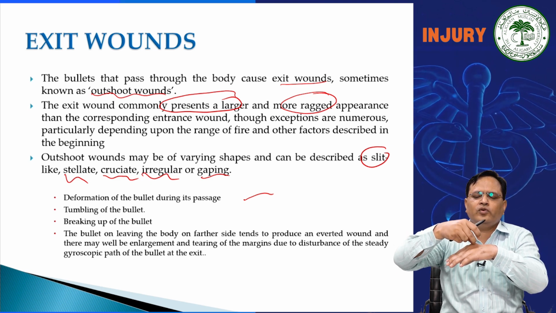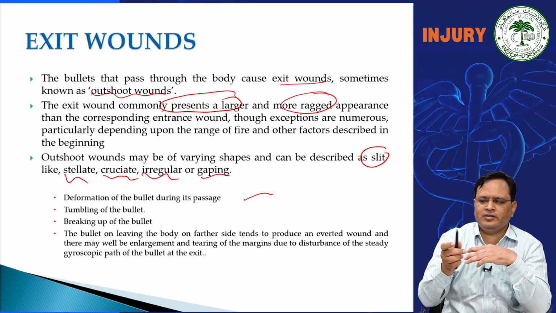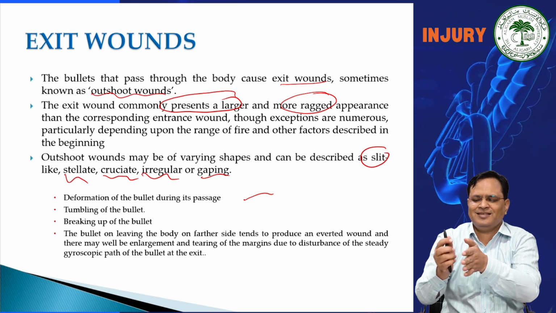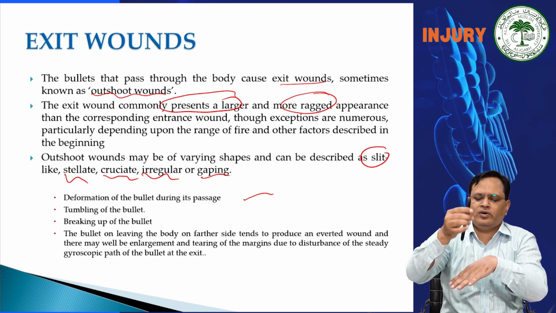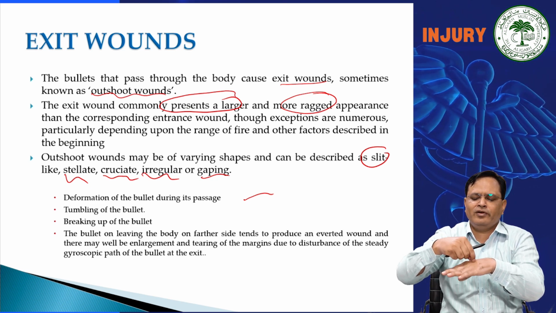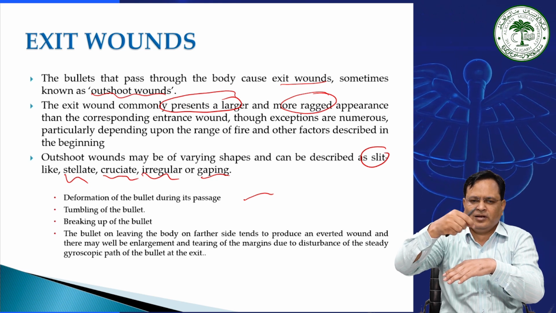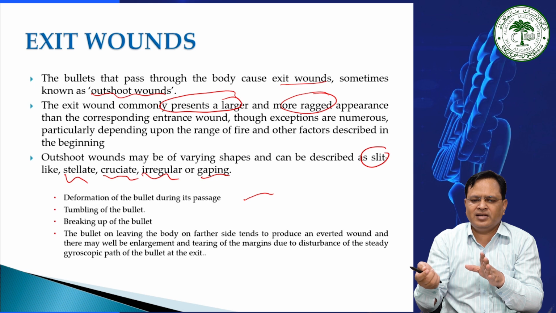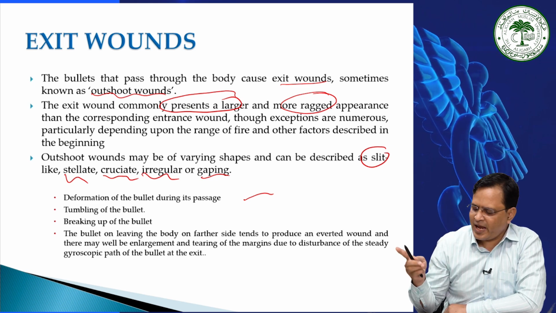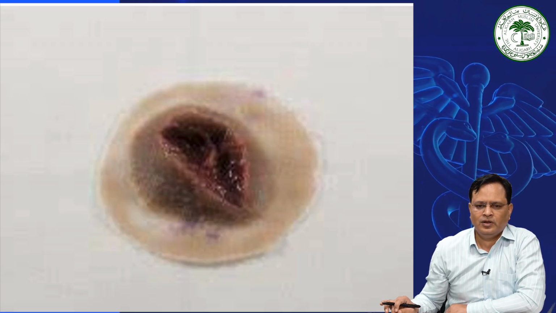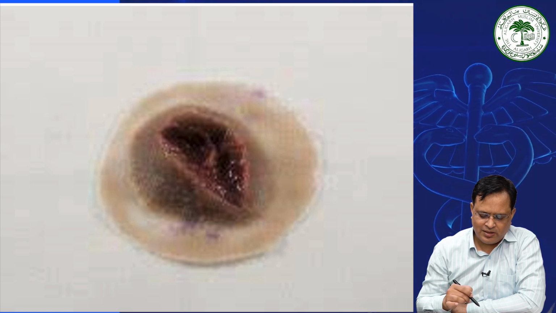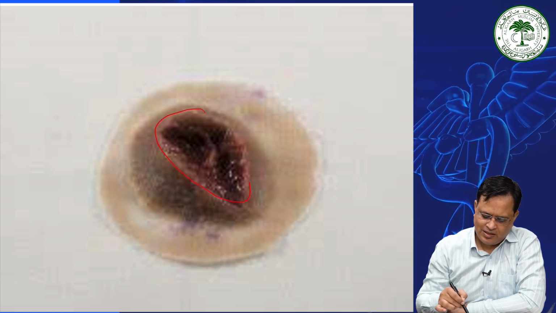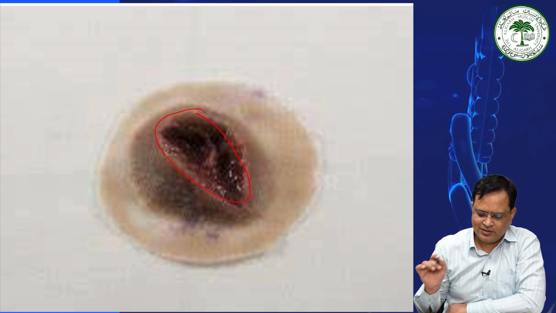So two phenomena are working. One is the bullet is revolving around its axis and it is moving forward. So the revolving and forward movement can create an upward or everted margin and a larger gap. These are the everted margins. You can see everted margins and the larger gap.